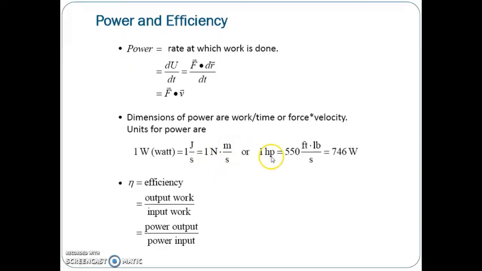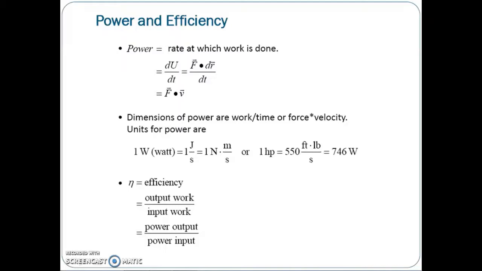Or in the unit of horsepower, where 1 horsepower equals 746 watts, or in US customary units, 550 foot-pounds per second. The mechanical efficiency of a machine is defined as the ratio of output work to input work.